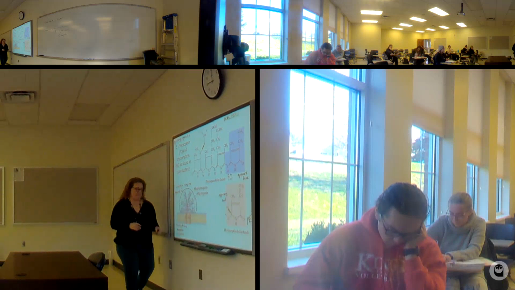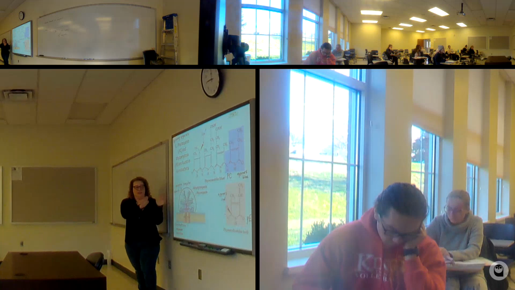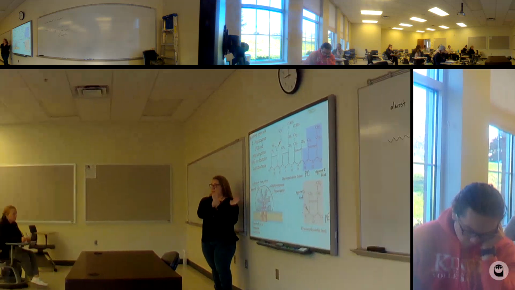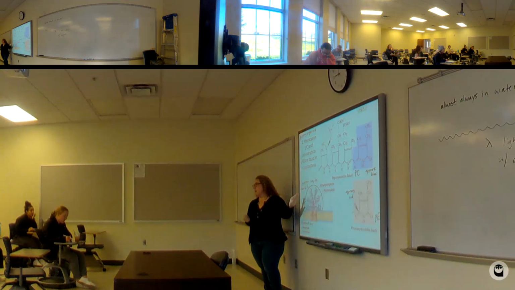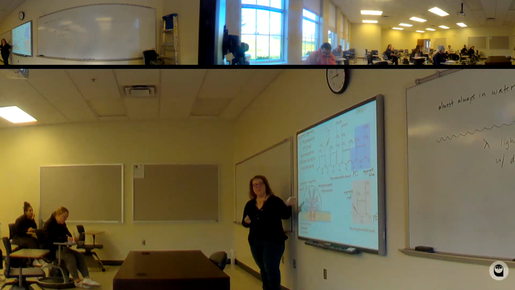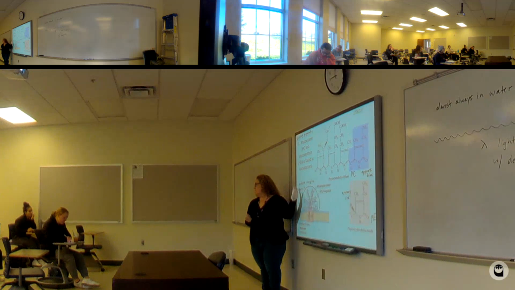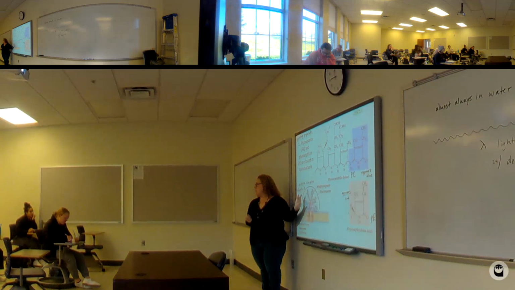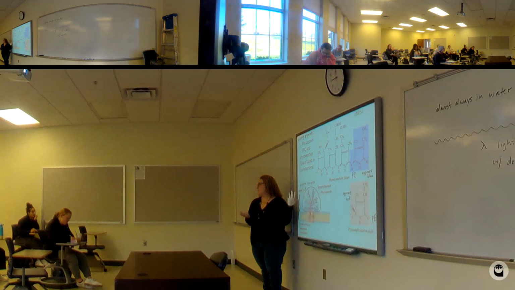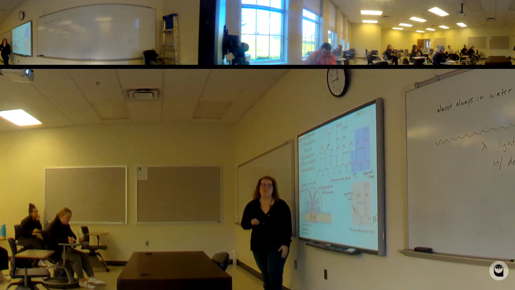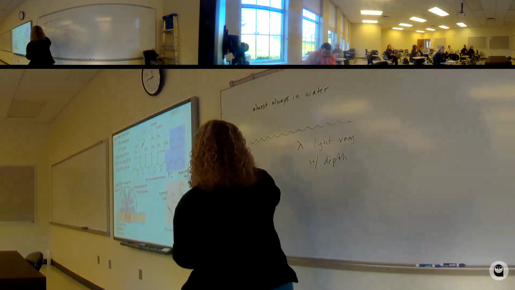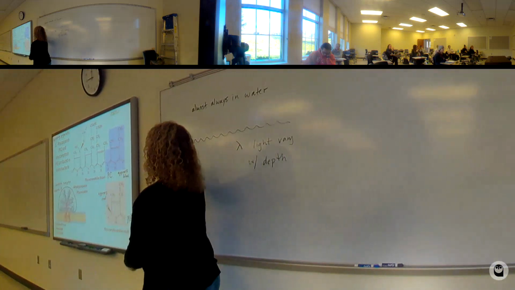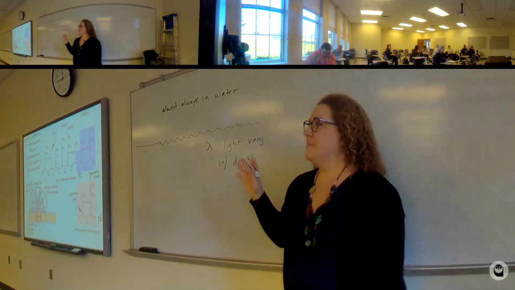Okay, so this section is talking about how prokaryotes decide what pigments to make and how that relates to where they are in the water column. This is a little bit of a problem solving or a physiological concept, and it relates to this water column idea.